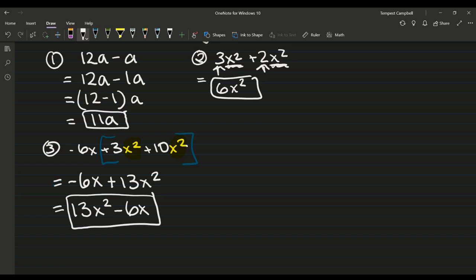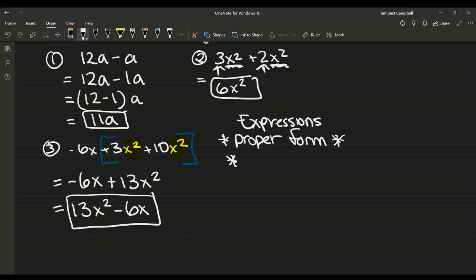Okay. So proper form. Again, I'm going to emphasize this. So proper form for expressions.